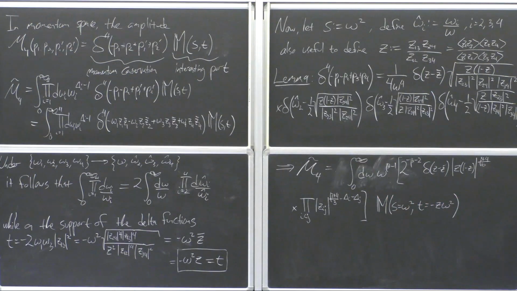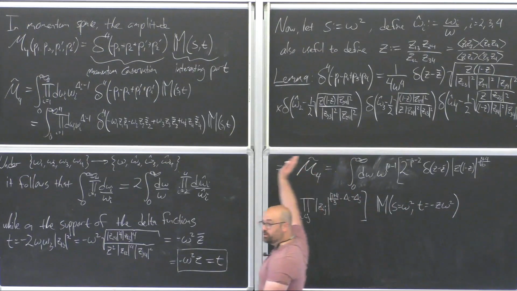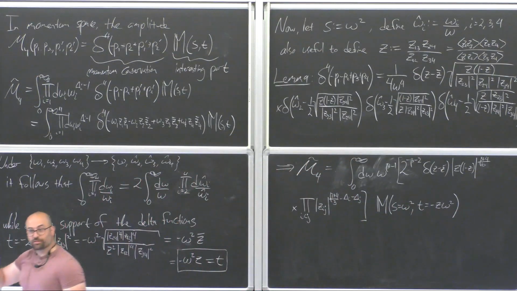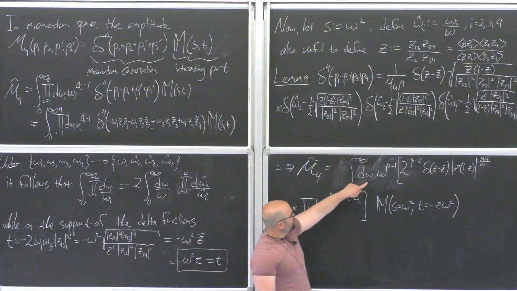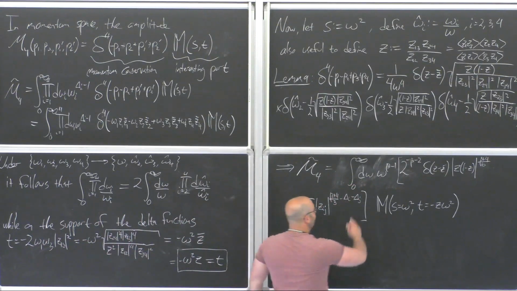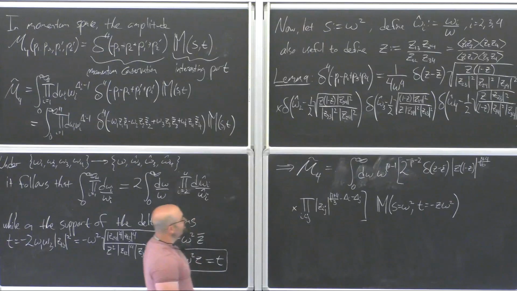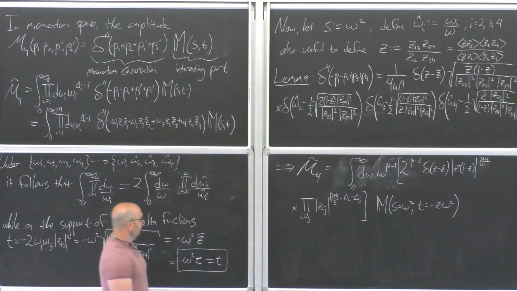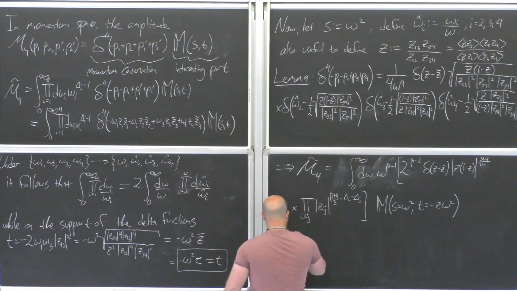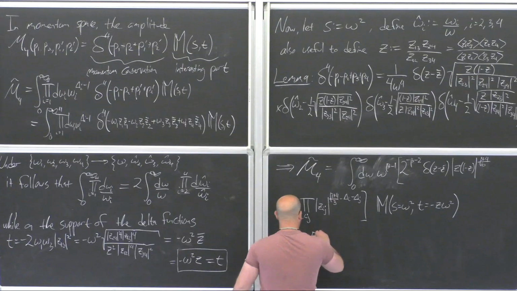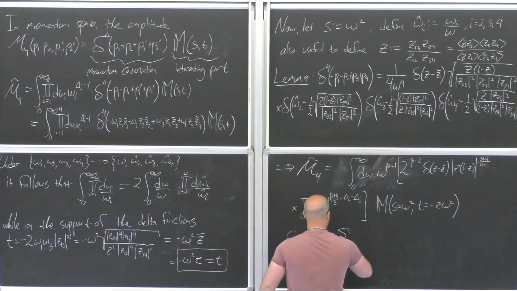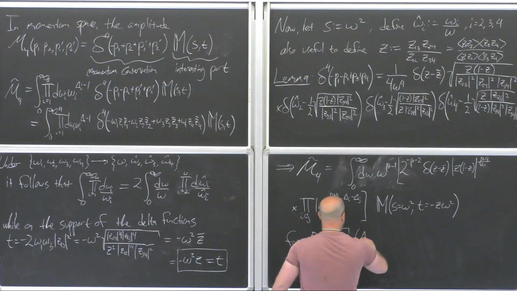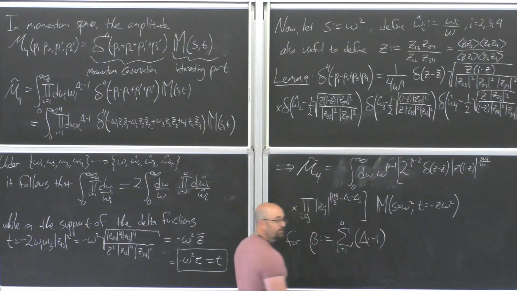Okay, so what we're left with after we do this change of variables and do as many of the integrals against the delta functions as we can is the following. We have one Mellin integral left, which is over, if you like, the center of mass energy of the scattering process, where this beta is just the sum, i goes from 1 to 4, of delta i minus 1.